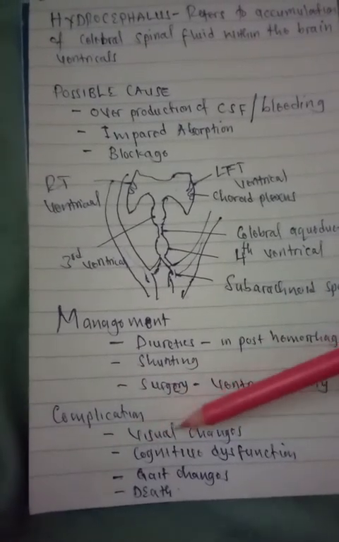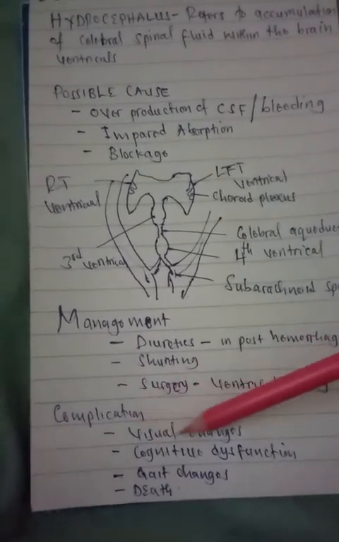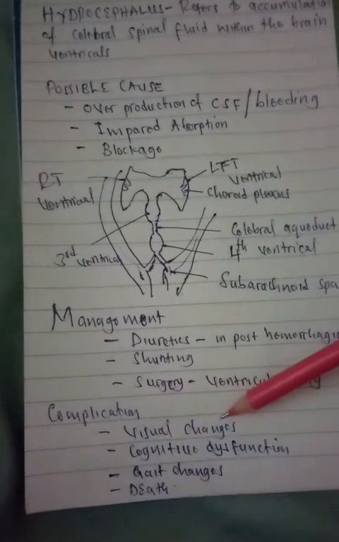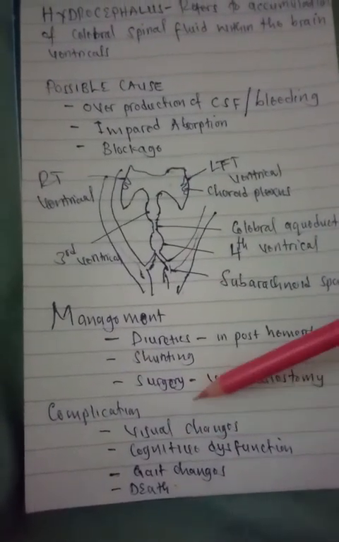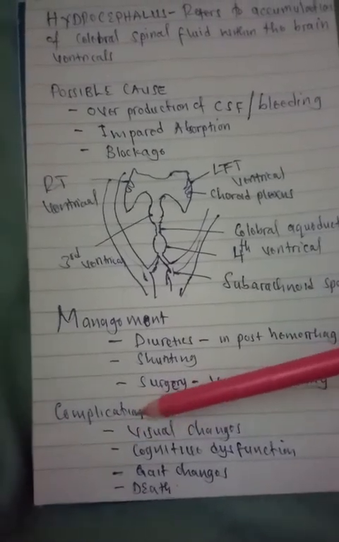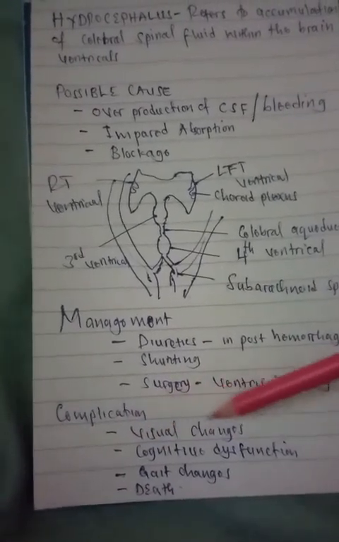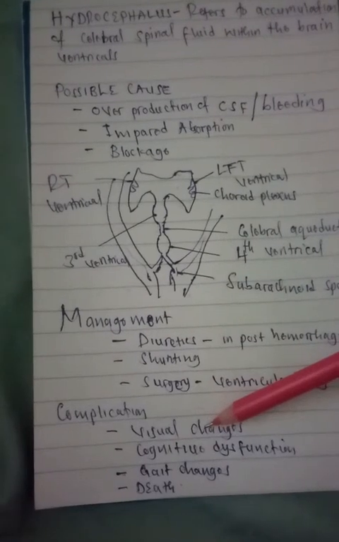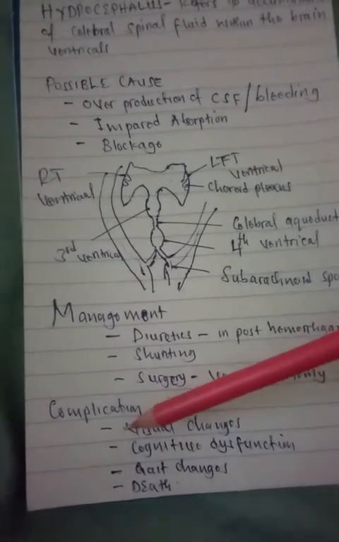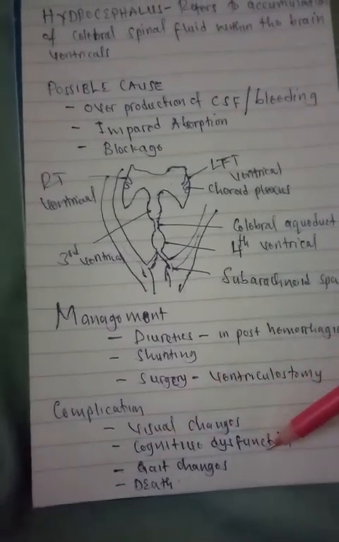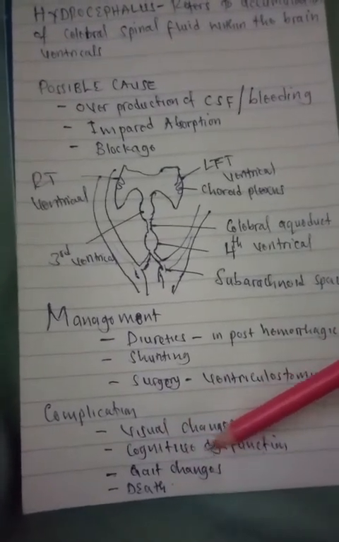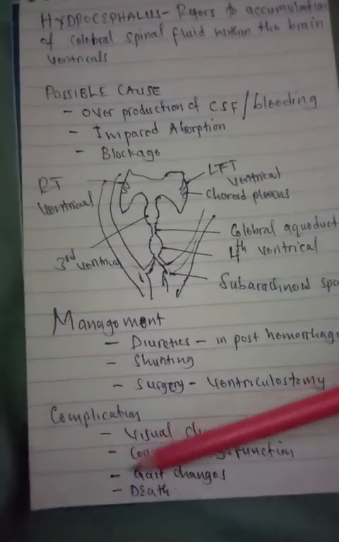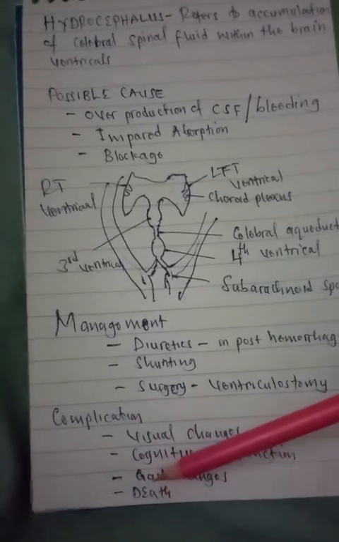The eye may be damaged due to increased intracranial pressure, and some people may present with chronic papilloedema. But also someone may present with cognitive dysfunction, gait changes, and sometimes it causes death.